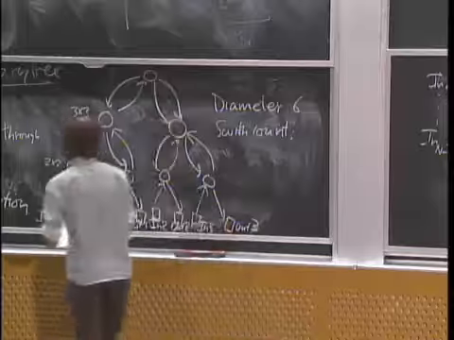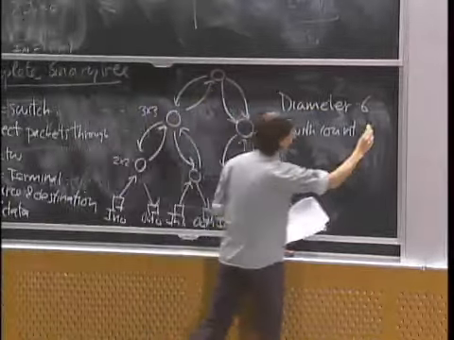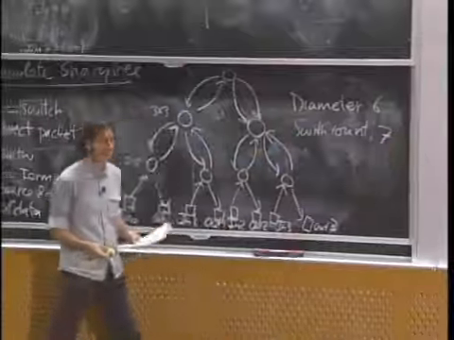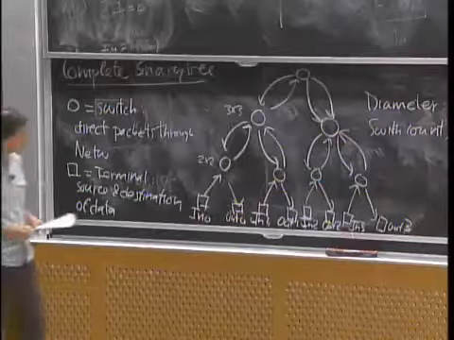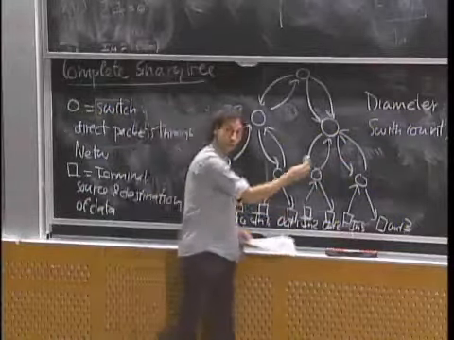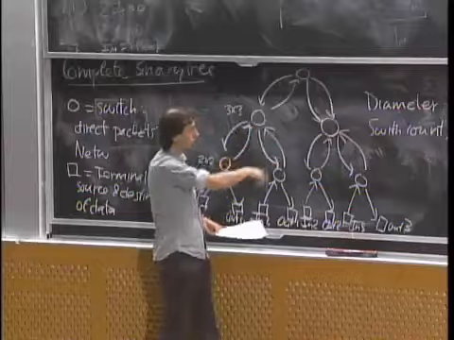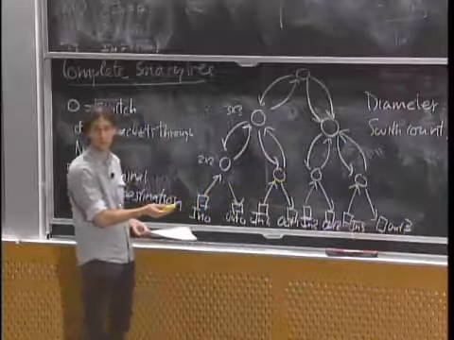Well, it's pretty simple, right? It's 1, 2, 3, 4, 5, 6, 7. We have 7 switches. And in general, if we have n inputs, so 1, 2, 3, 4 inputs, then the number of switches that we use in the binary tree is 2 times the number of inputs minus 1.